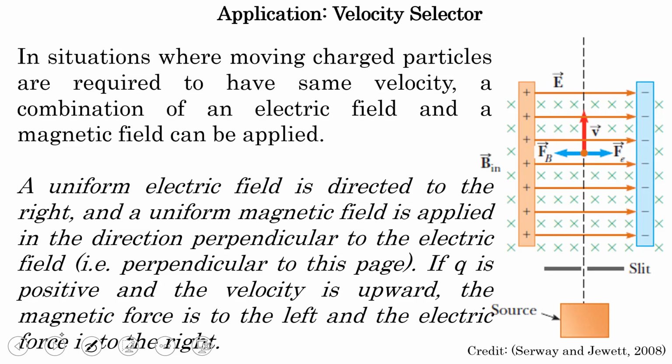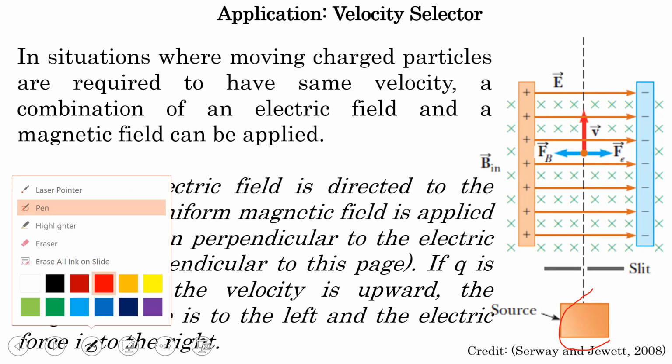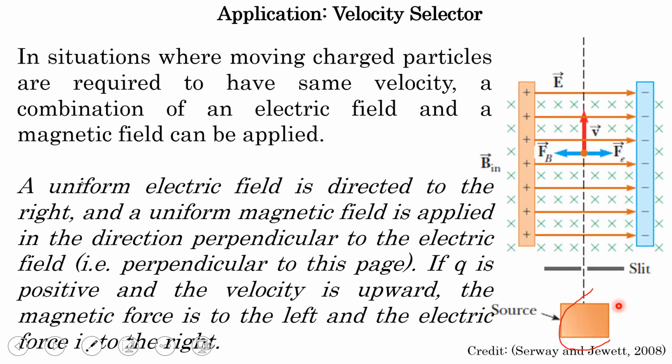The velocity selector works on a principle such that, let's look at the diagram on the right. We have a source of electric charges, charged particles, moving through the slits into this region.